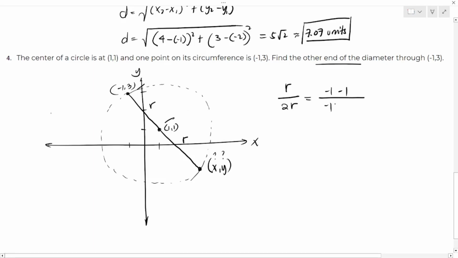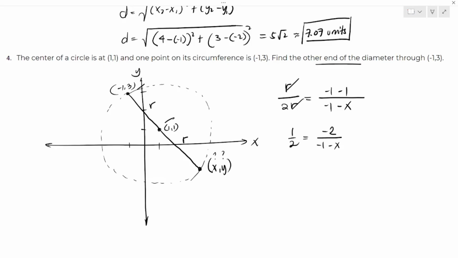And then, ang hinahanap natin is itong X. So, that is negative X. So, itong R, makakancel yan. So, that is 1 half is equivalent to negative 2 over negative 1 minus x. So, cross-multiply natin, negative 1 minus x is equivalent to negative 4. And then, transpose natin sa kabila. Therefore, your x would be equivalent to negative 1 plus 4, and that is equivalent to 3. Nakuha ba ninyo? That is the value of our x.